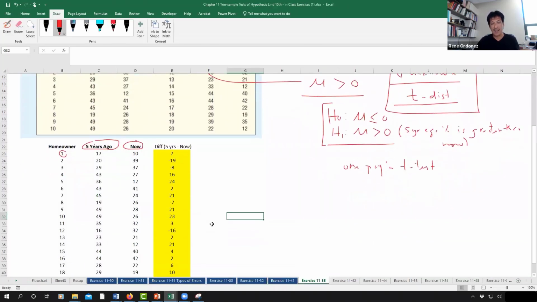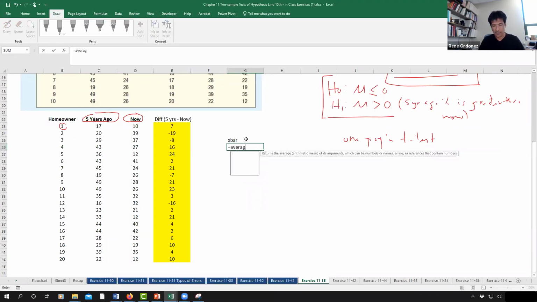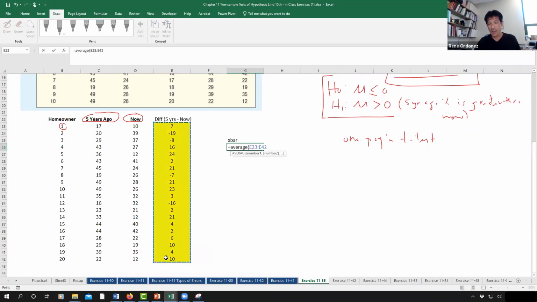Okay, here's our sample data. To compute the sample mean, the X bar, we can use the function AVERAGE and that group of observations.